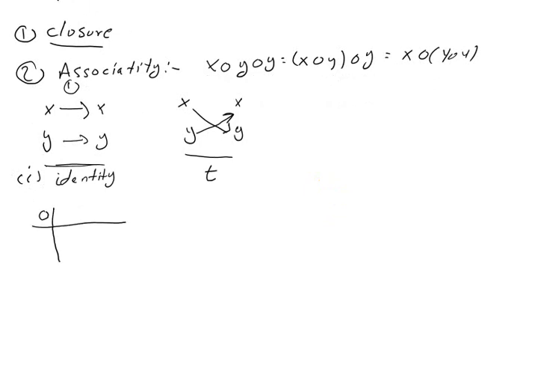We have two elements, I and T. This is I composition I, here I composition T, here T composition of I, and here T composition of T. Okay, number one, take I composition I.